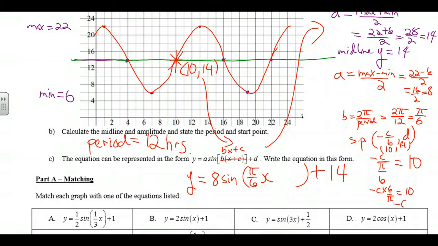Multiply both sides by pi: negative 6c is 10 pi. And so c is 10 pi over negative 6, which is negative 5 pi over 3. Don't worry, I'm only going to ask you one c. So c is equal to negative 5 pi over 3.